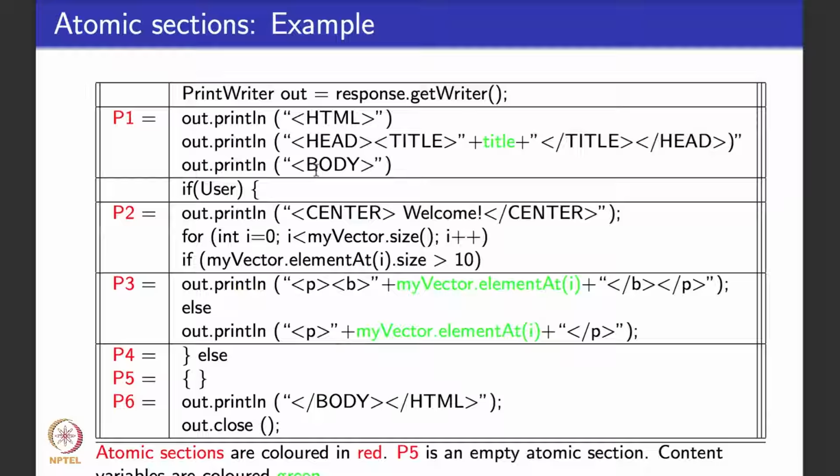Every HTML file begins with an HTML tag, followed by a header tag, followed by a body tag. So I have put all these print statements that print the beginning of the HTML tag, followed by the head tag, which prints the title, and ends the head tag, followed by the beginning of the body tag. All of these are printed together, so they are put as one row in the table and constitute one atomic section.